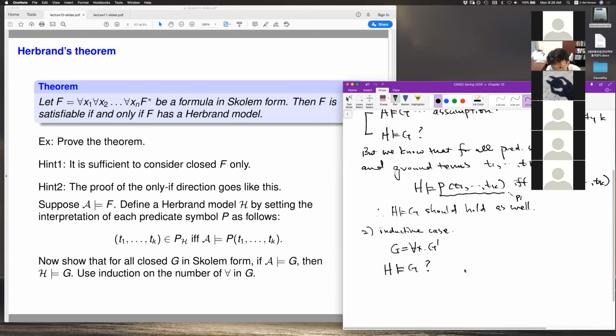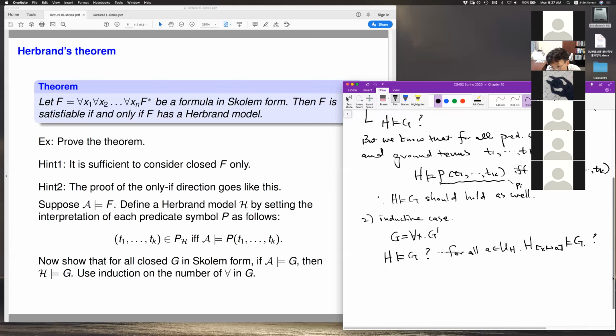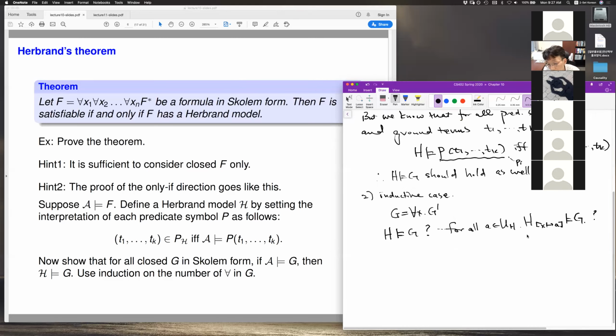But checking this is the same as checking, for every A in the underlying universe of H, that H where X is bound to A satisfies G prime. That's an equivalent definition. But at this point we are using the fact that we have a Herbrand structure.